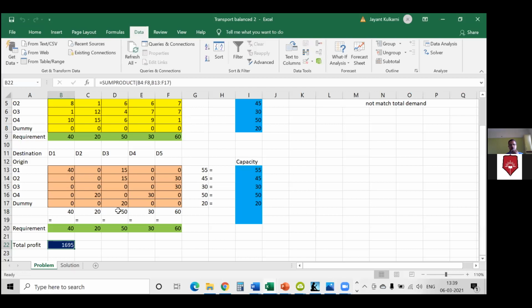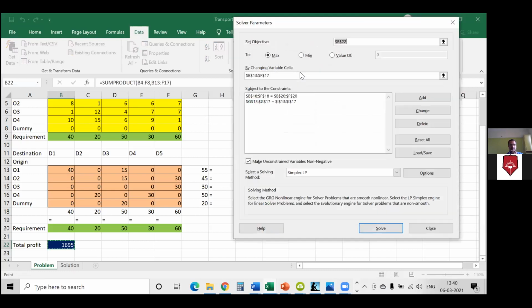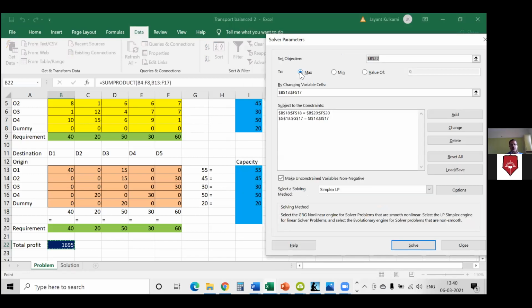Okay, Manisha, your connection had a problem, so you had to reconnect. See, we haven't done anything differently. The only difference, okay, let me go to solver just to answer your question. See, the only difference this time is that we are setting the objective to maximum because this was a profit scenario and you will always want to maximize the profit, not minimize, right?